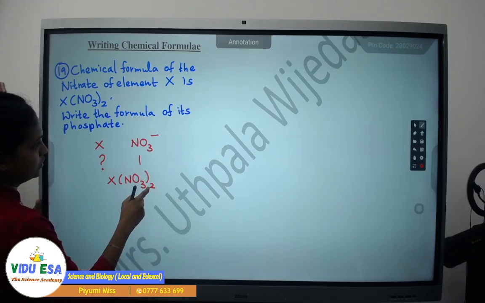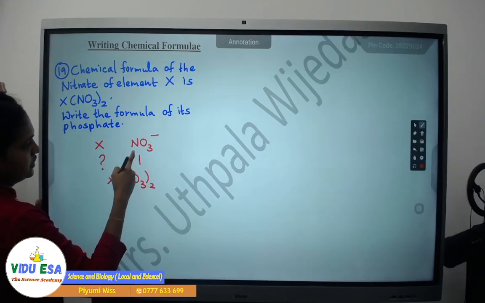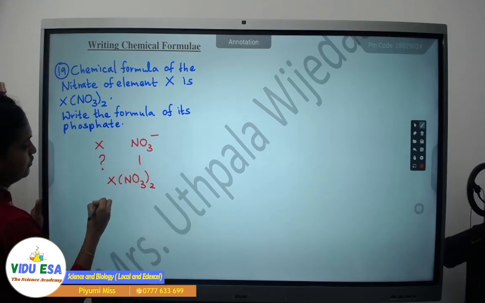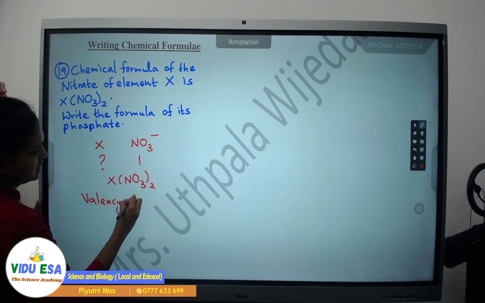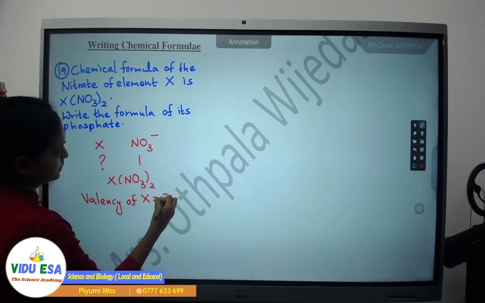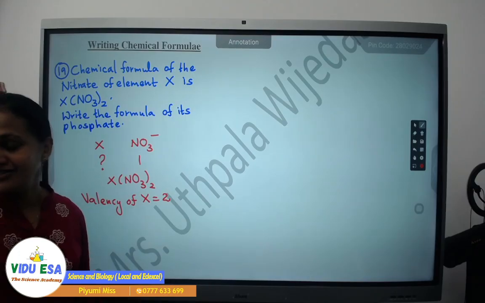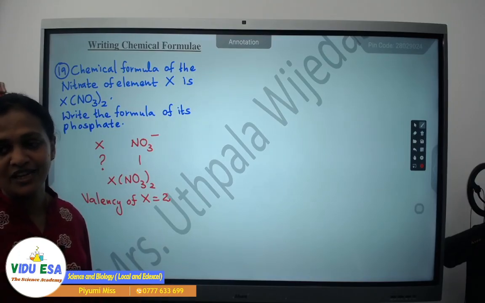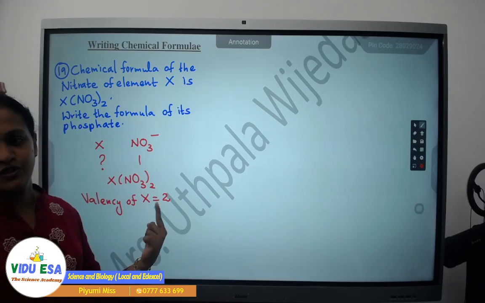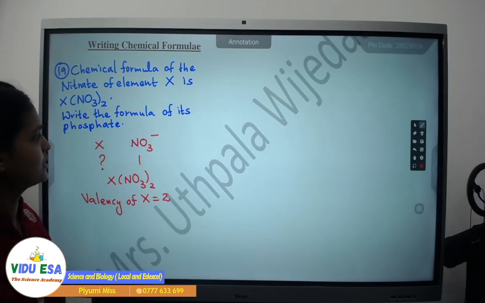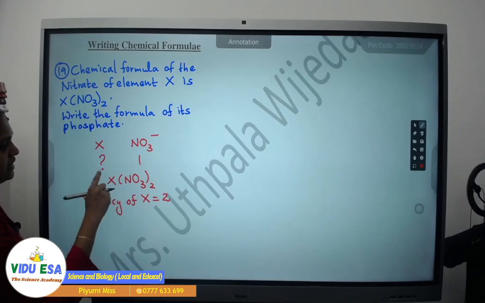You know, this 2 comes to nitrate because of X. Therefore, the valency of X equals 2. Since we don't know about the element X, here we found the valency of element X as 2. That is why this became XNO3 twice.